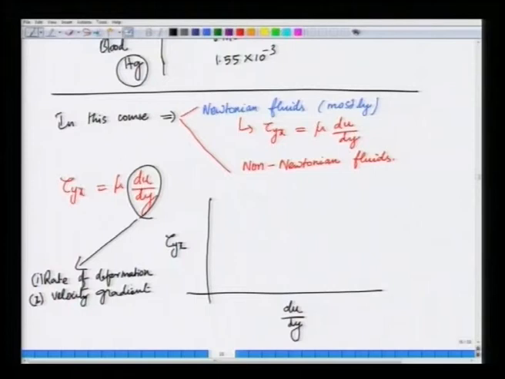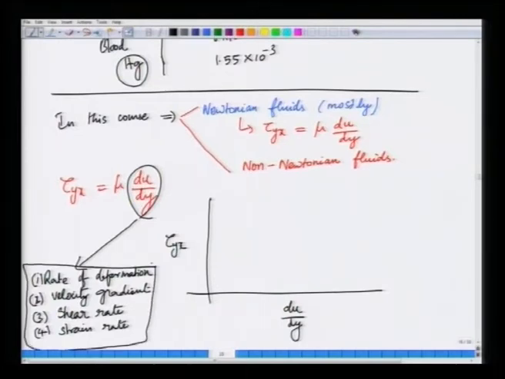And since the fluid is deforming by shear, because you are applying a tangential force, it is also called the shear rate. Sometimes it is also called the strain rate, because delta alpha is a measure of strain and this is delta alpha divided by delta t. These are all various descriptors used to signify the same quantity, which is mathematically du/dy, the velocity gradient.